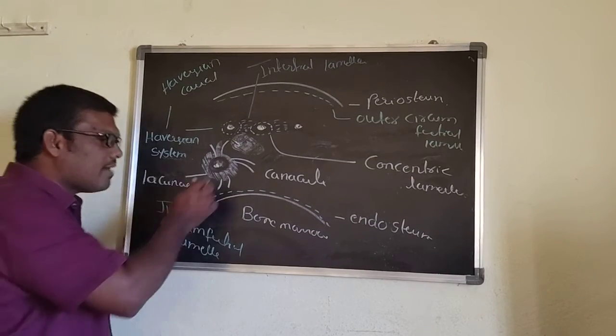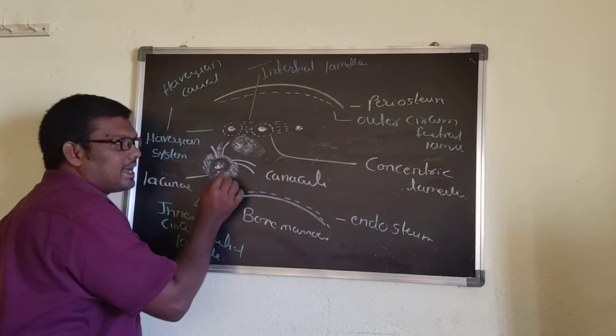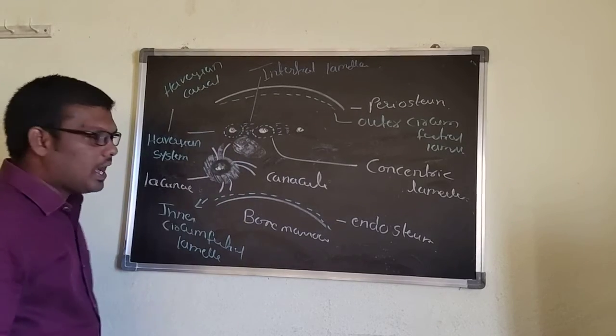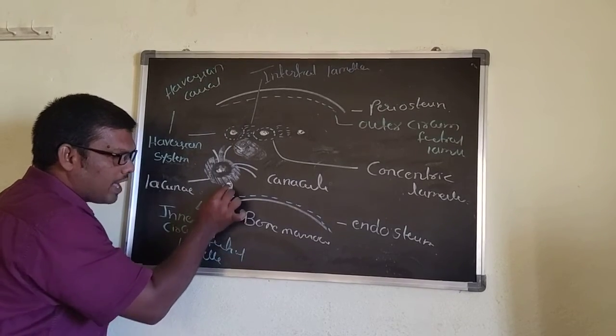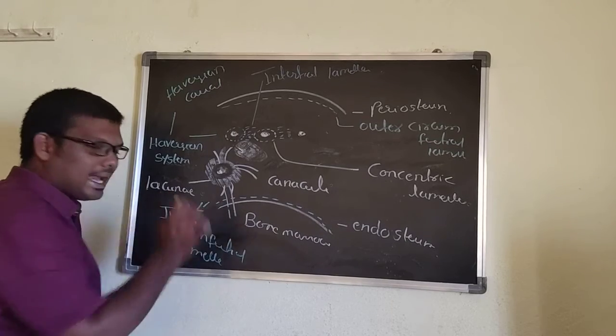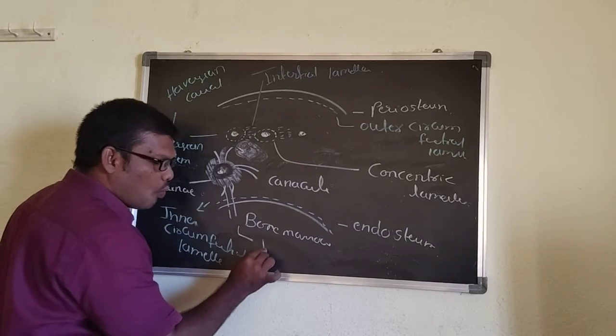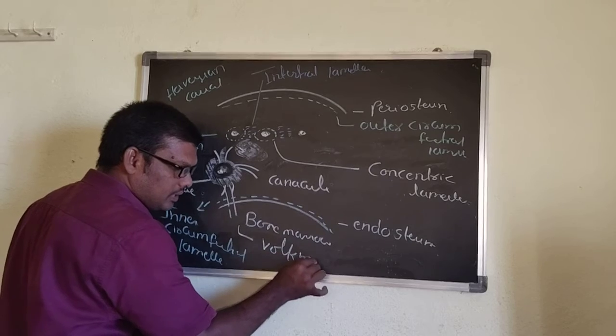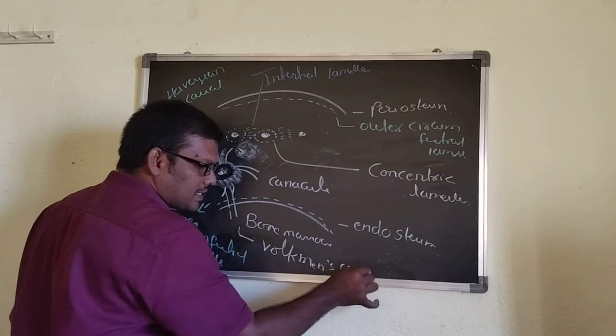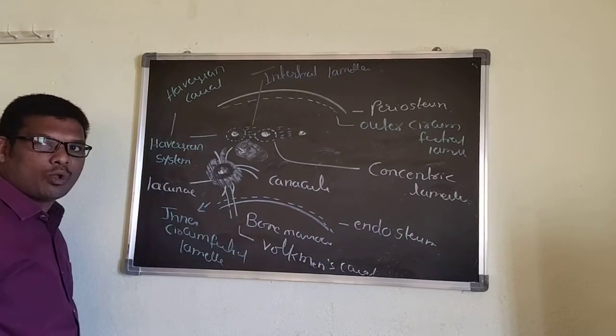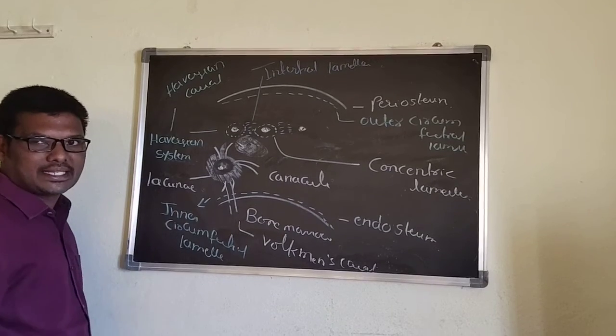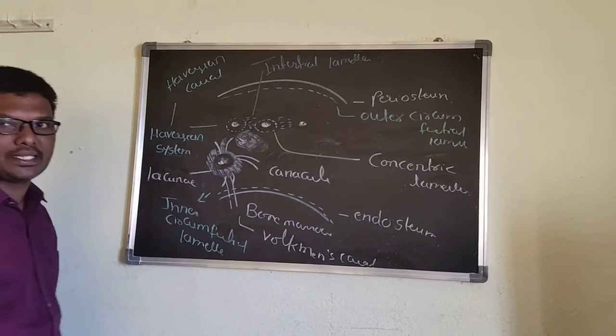Now this Haversian system is connected with the periosteum or with the bone marrow by a canal. That canal is called Volkmann's canal. Through Volkmann's canal, diffusion of gases and the supply of blood takes place.